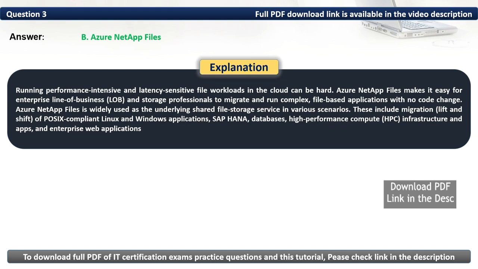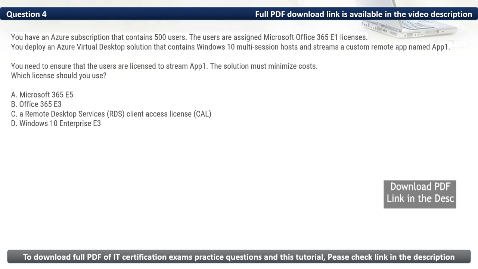Azure NetApp Files is widely used as the underlying shared file storage service in various scenarios. These include migration of ISO compliant Linux and Windows applications, SAP HANA databases, high performance compute infrastructure, and apps and enterprise web applications.